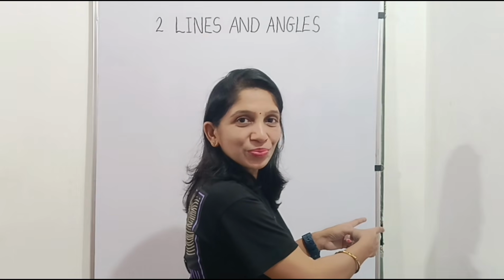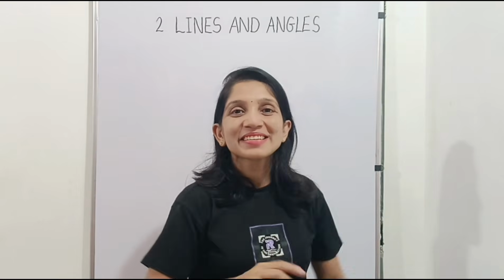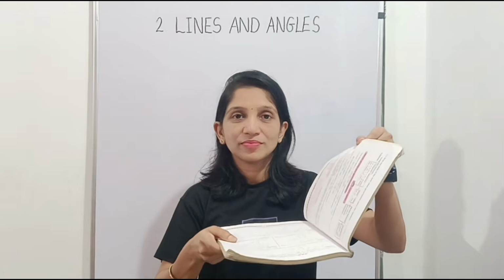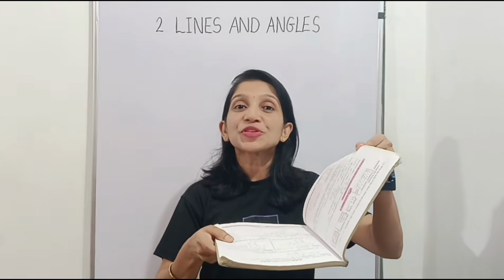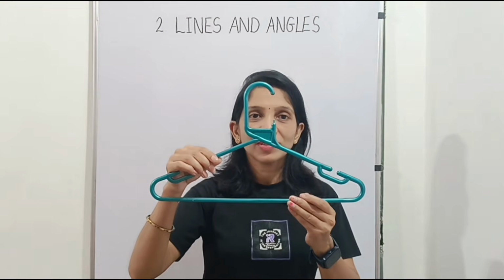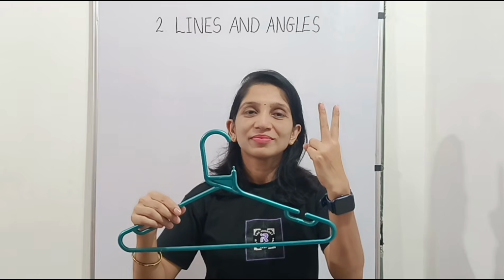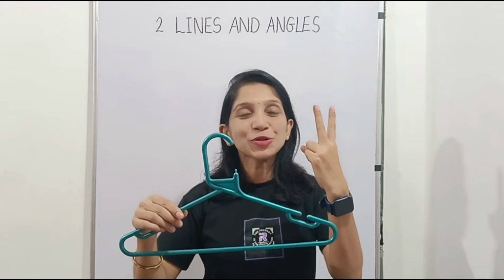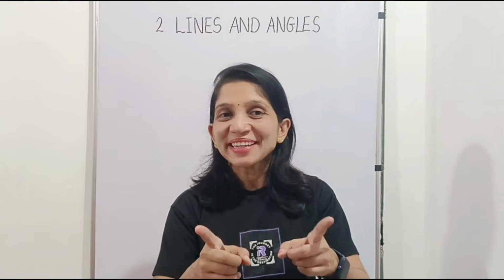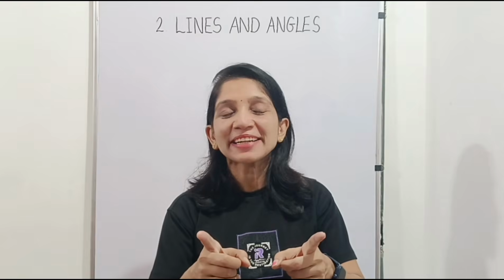Look, the corner of the room. It makes a right angle. Look, my book. It makes an obtuse angle. Look, this hanger. It makes an acute angle. Ready to become angle detectives with me?